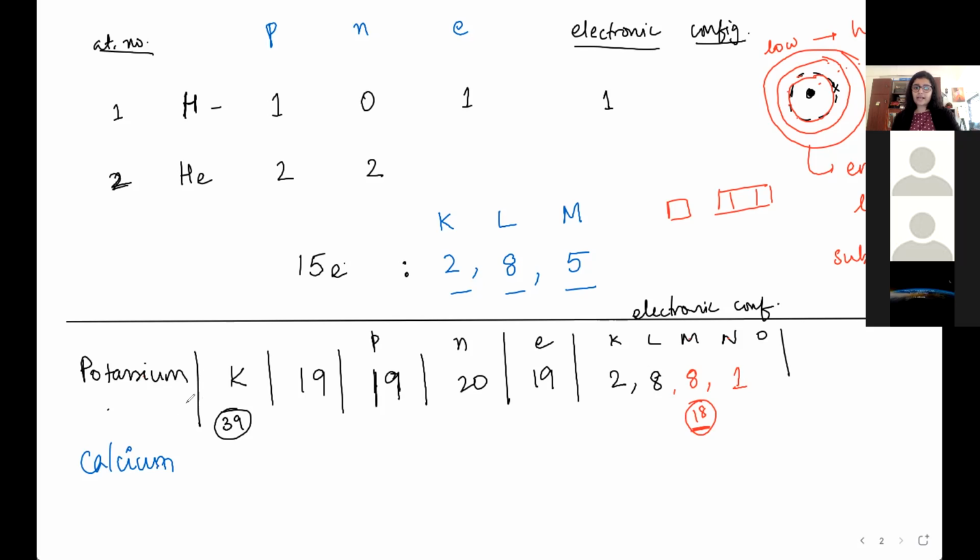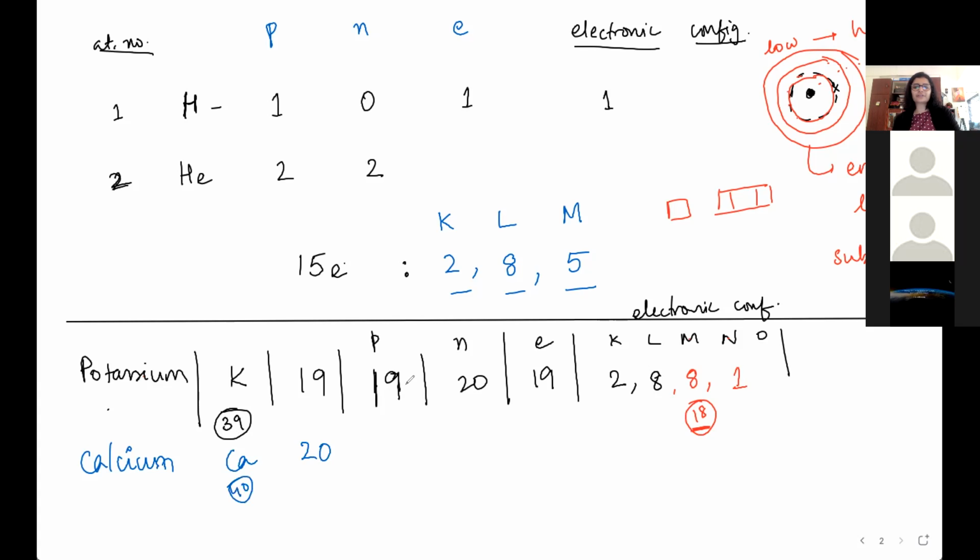Let's do the same thing with calcium. Calcium's symbol is Ca. Atomic number? 20. Mass number is 40.